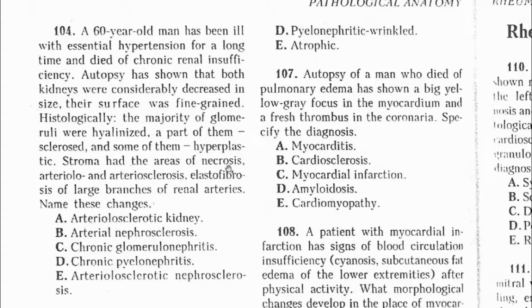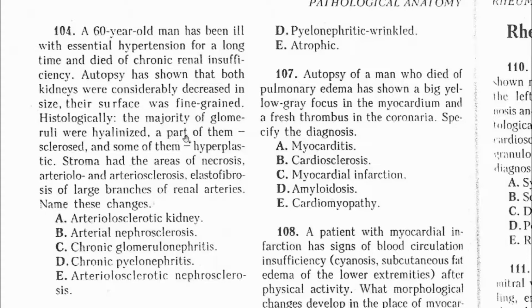A 60-year-old man has been ill for essential hypertension for a long time and died of chronic renal insufficiency. Autopsy has shown that both kidneys were considerably decreased in size. Their surface was fine-grained.